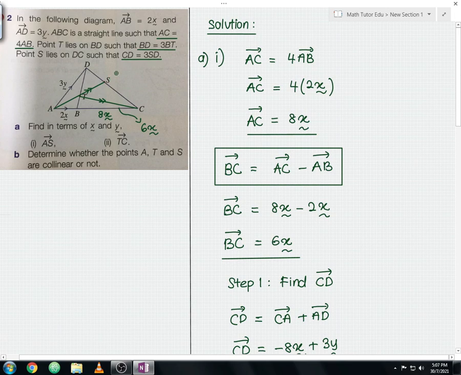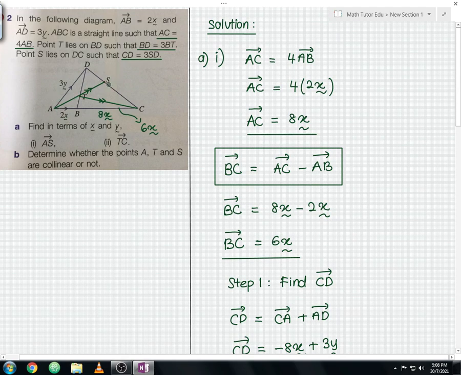In order to determine whether it is collinear or not, we have already found the vector AS. However, we need at least one more vector to support it. You can use either vector AT or vector TS, and then you form a relationship between vector AS and vector AT or TS.